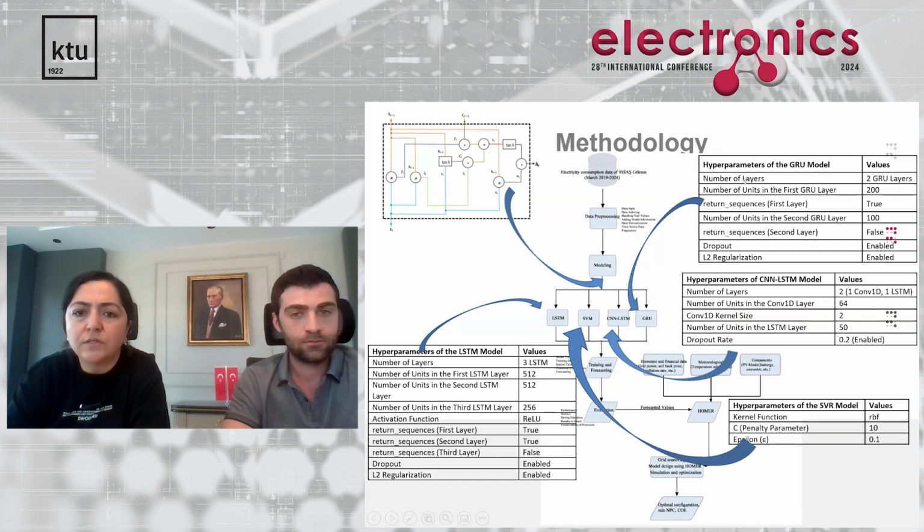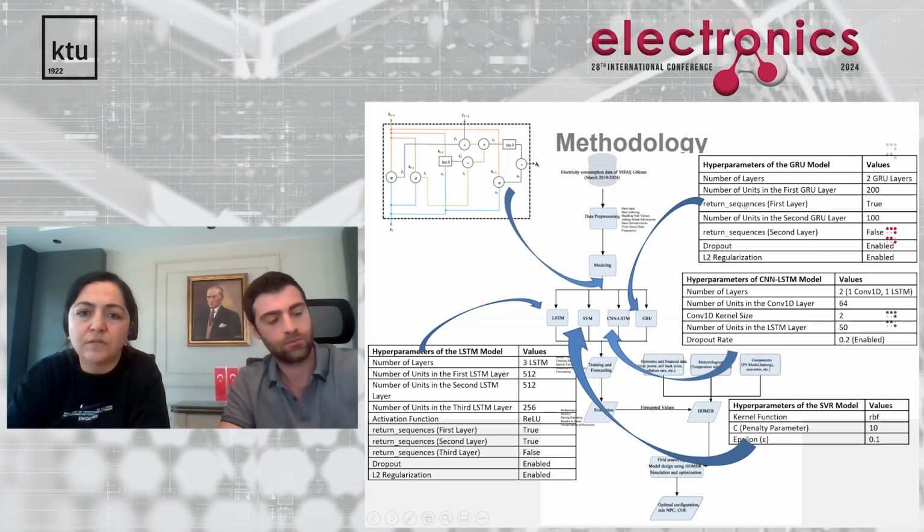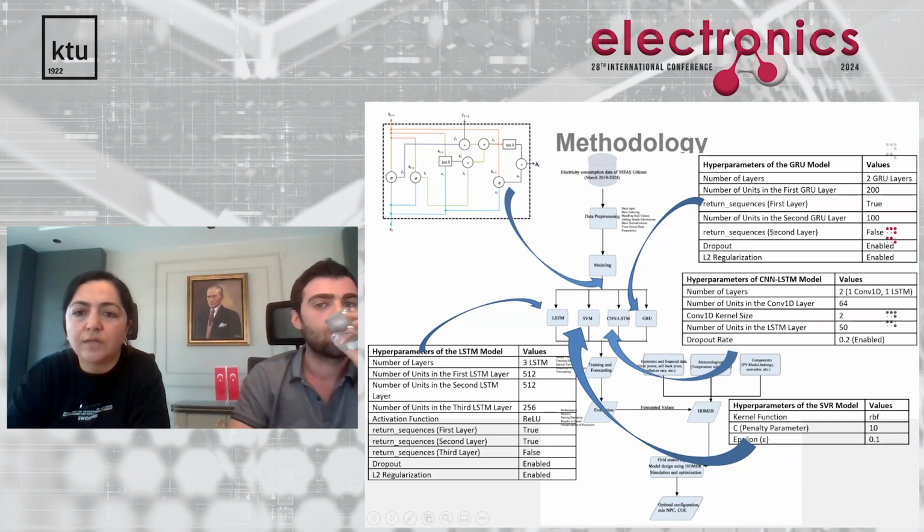The GRU model has 2 layers, and the first GRU layer has 200 units. The second GRU layer has 100 units, and the first layer has return sequences true, the last layer false. Dropout and L2 regularization are used for this model.